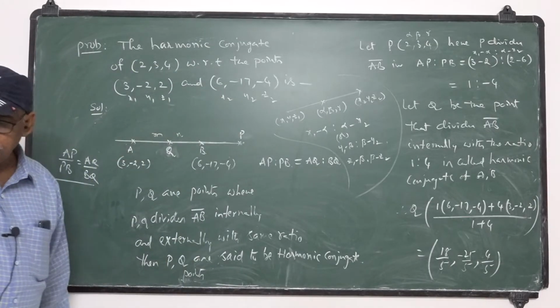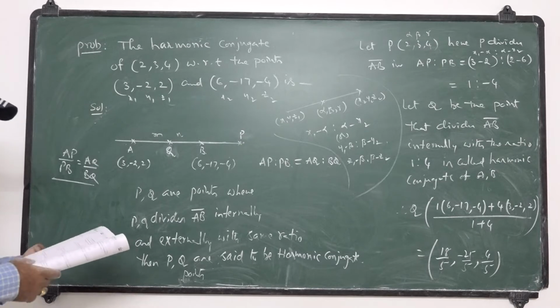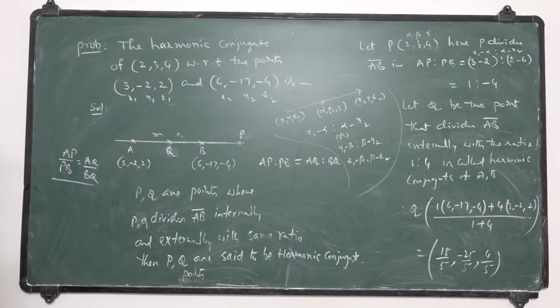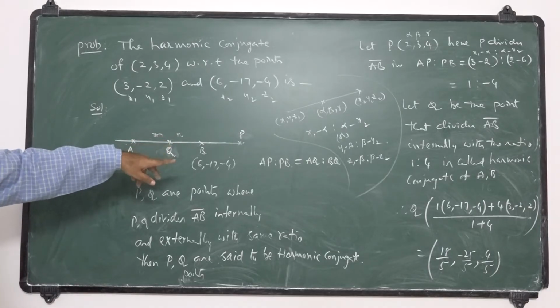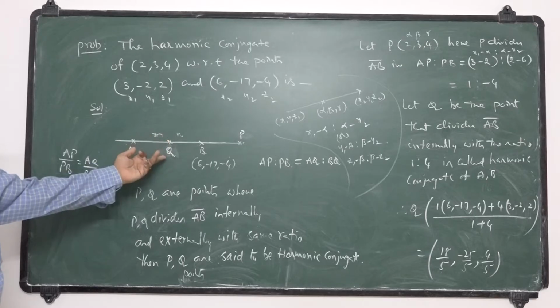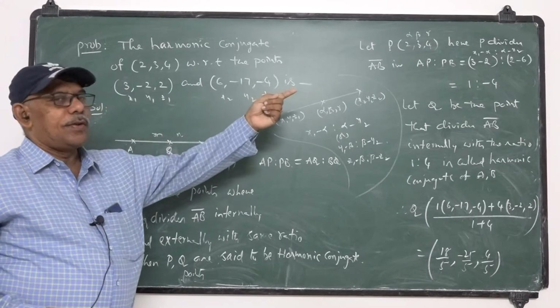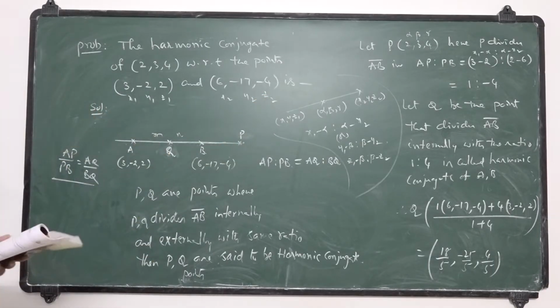So this is the harmonic conjugate point of the given line segment AB that joins the given points. Where one point of the harmonic conjugate points is given, you can find the other point. Here the external division point P is given. In such a case, take Q.